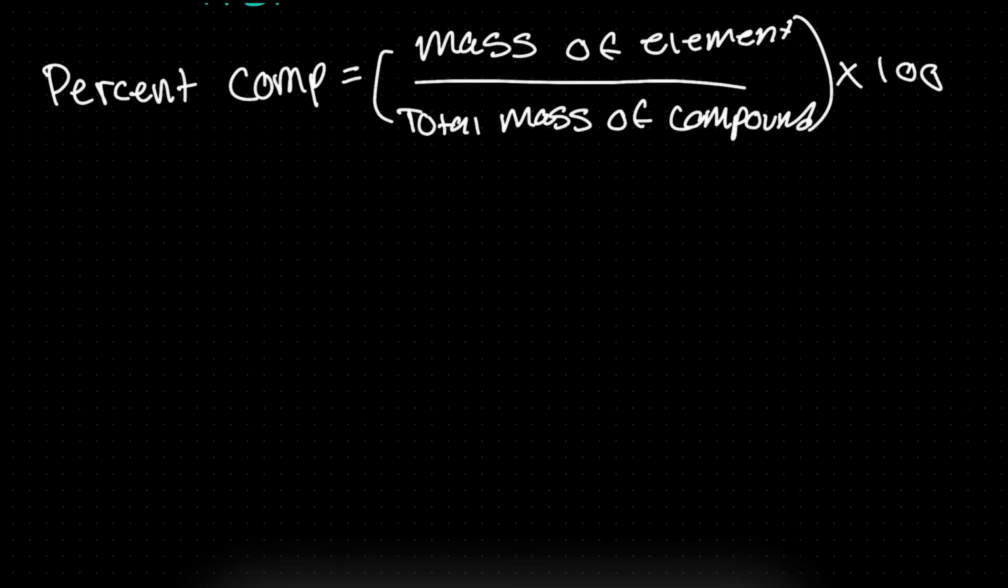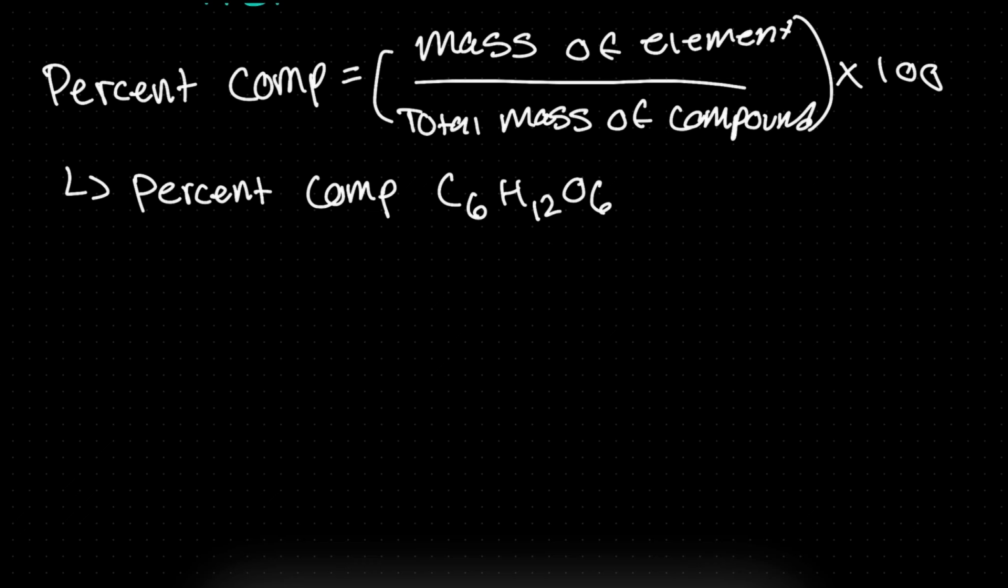So let's do a difficult one here. Find the percent comp of glucose, C6H12O6. Now, take your time on this one. It's a bit tricky, so feel free to pause the video and I'll do it with you when you come back.